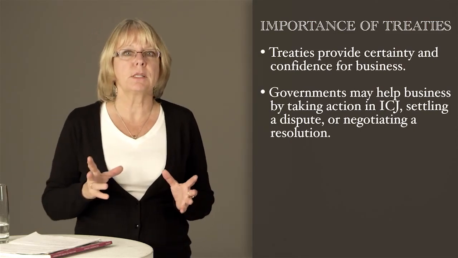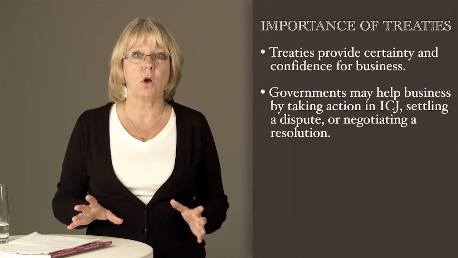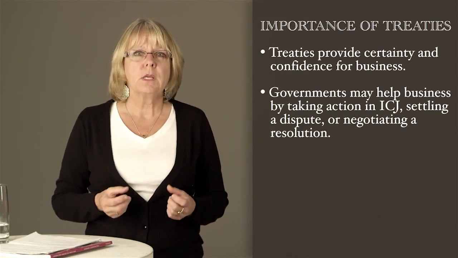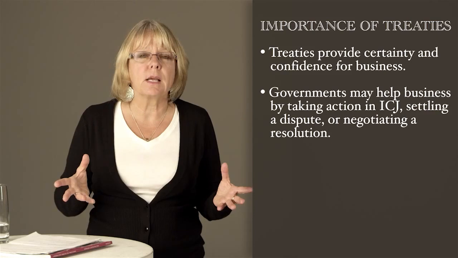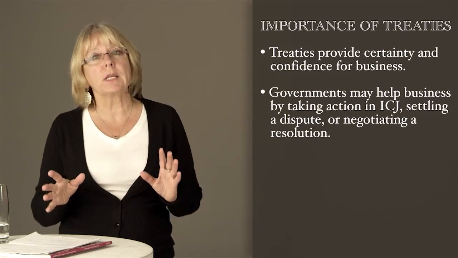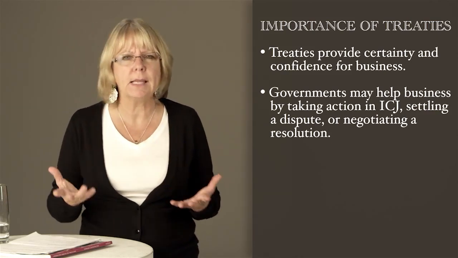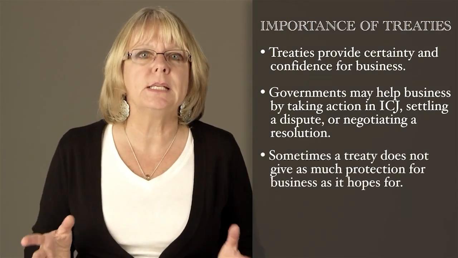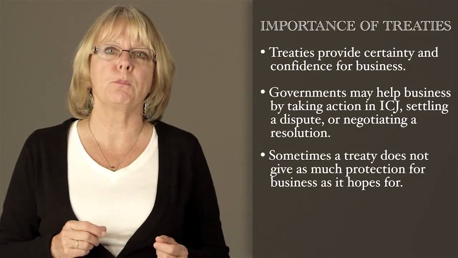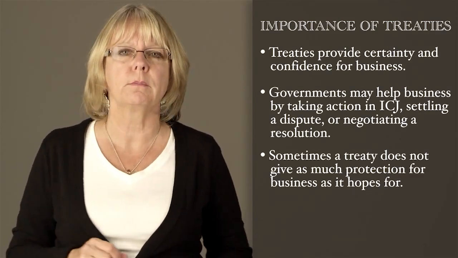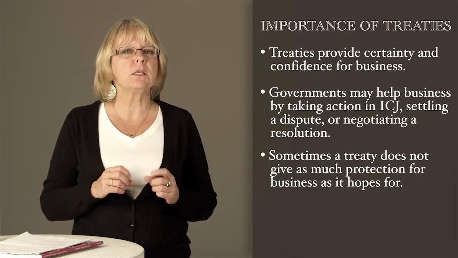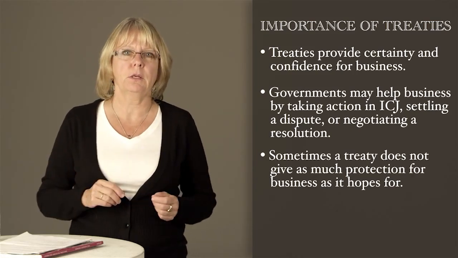Unfortunately, sometimes the government does nothing at all, and having a treaty is ineffective. This might be what the government decides to do if diplomatic relations between the countries are tense or delicate for some reason. So sometimes a treaty does not give as much protection for business as it hopes for. This is because a country's involvement in a treaty is purely voluntary.